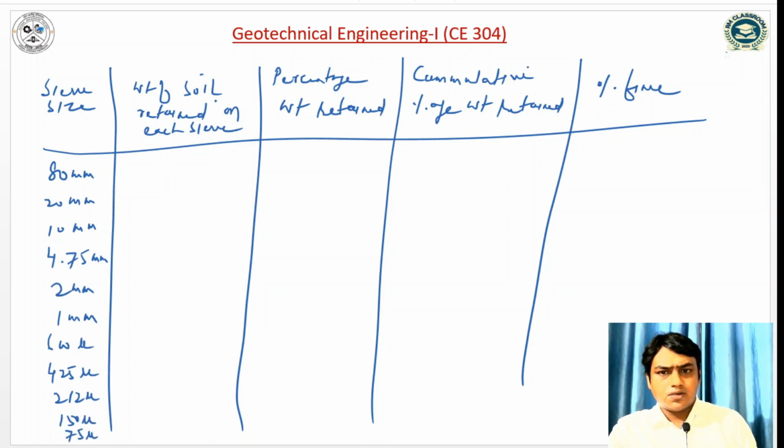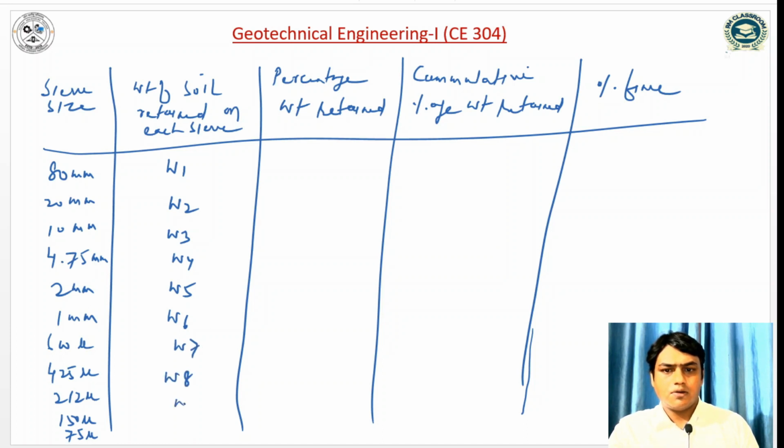The weight of soil retained on each sieve can be written, let us say W1, W2, W3, W4, W5, W6, W7, W8, W9, and W10.